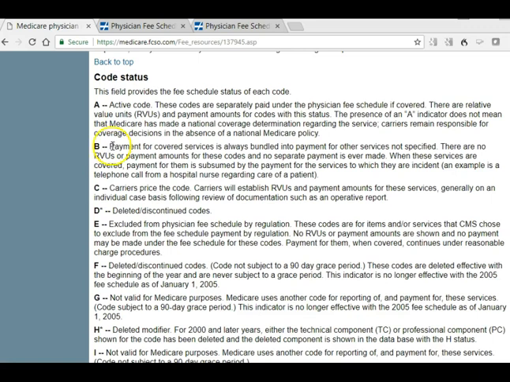All right. Moving on, we have C, which is carrier priced codes, okay, which means an individual administrative contractor will have to price that, usually on an individual basis, such as an operative report. Usually these are unusual cases or surgeries that maybe have a different or unspecified name.